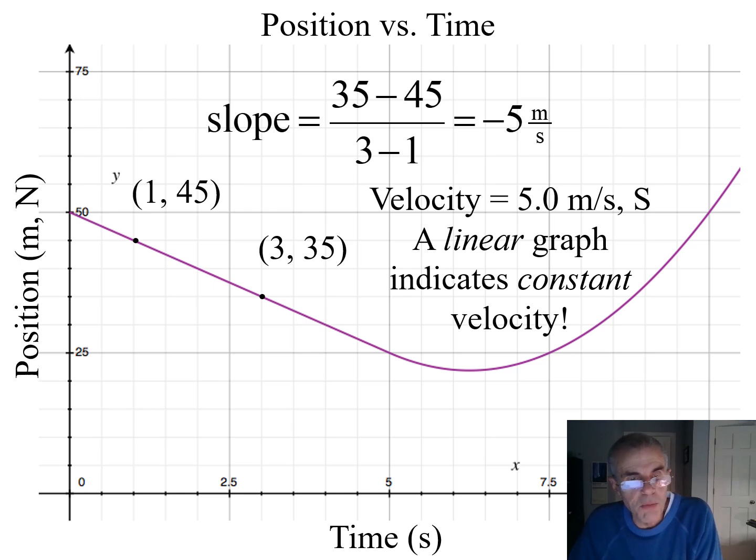I could pick any 2 points, and anywhere along that line, the velocity should be the same. So that would be the velocity of the person at 1 second. That would be the velocity of the person at 3 seconds. That would be the velocity of the person at 2.5 seconds, and so on. Anywhere along this linear piece where the slope is the same, apparently our person had a constant velocity.